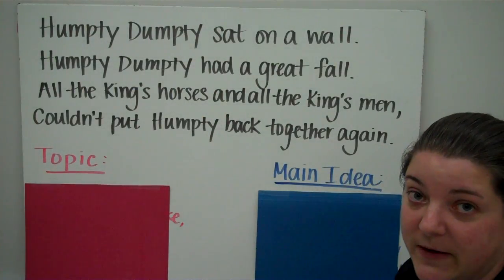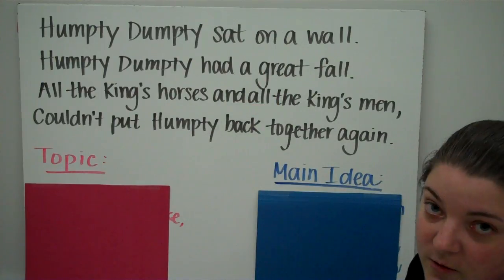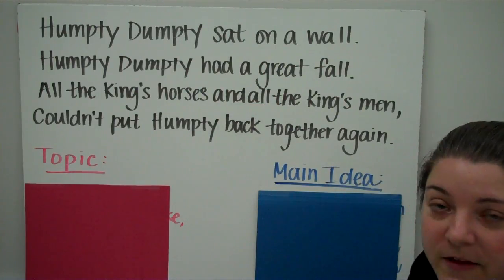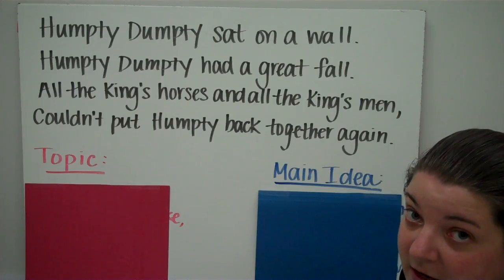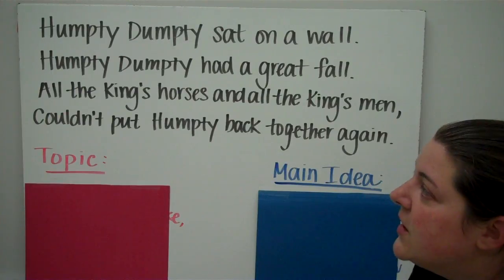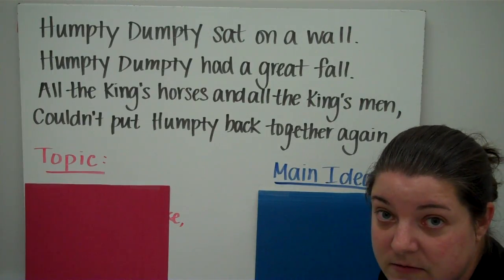The first piece that we have today is a nursery rhyme. Humpty Dumpty sat on a wall. Humpty Dumpty had a great fall. All the king's horses and all the king's men couldn't put Humpty back together again. So the topic of this, what would you say the topic is?